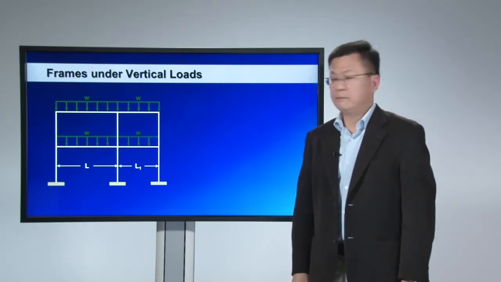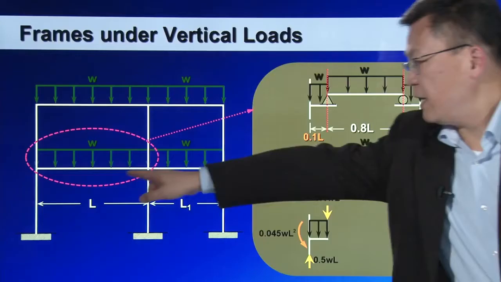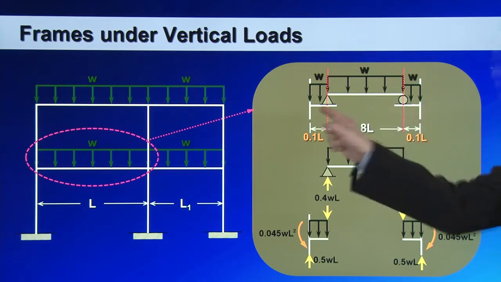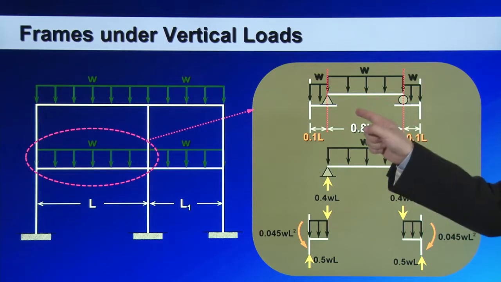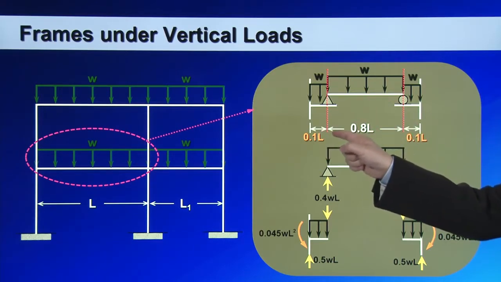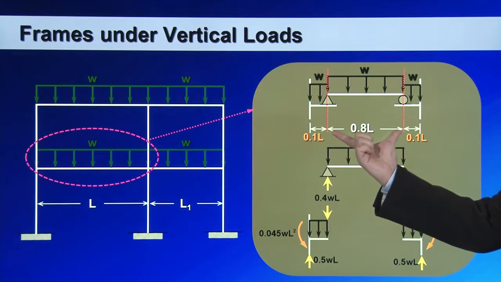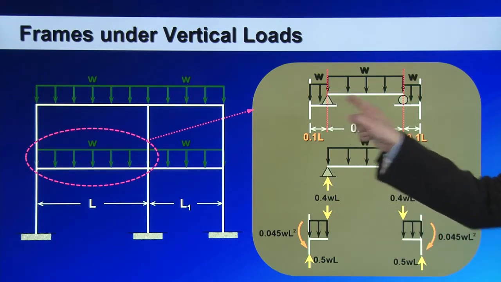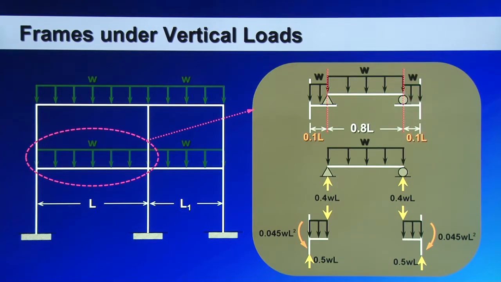Let me show you how. Again, let me take out that portion of the frame and put it here. As we just mentioned, I'm going to assume that there are two inflection points in this span. The locations of the inflection points are going to be 0.1 L, L being the length of the span, from both ends of the support. So here's the first inflection point, here's the second inflection point.